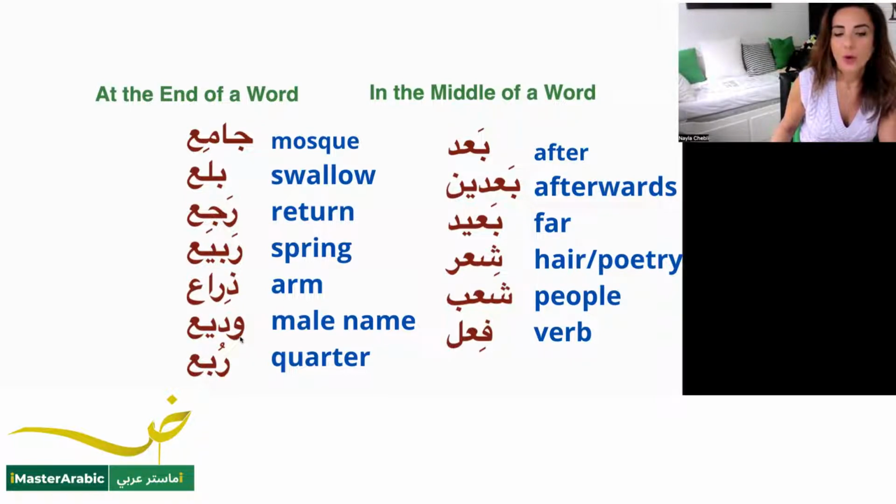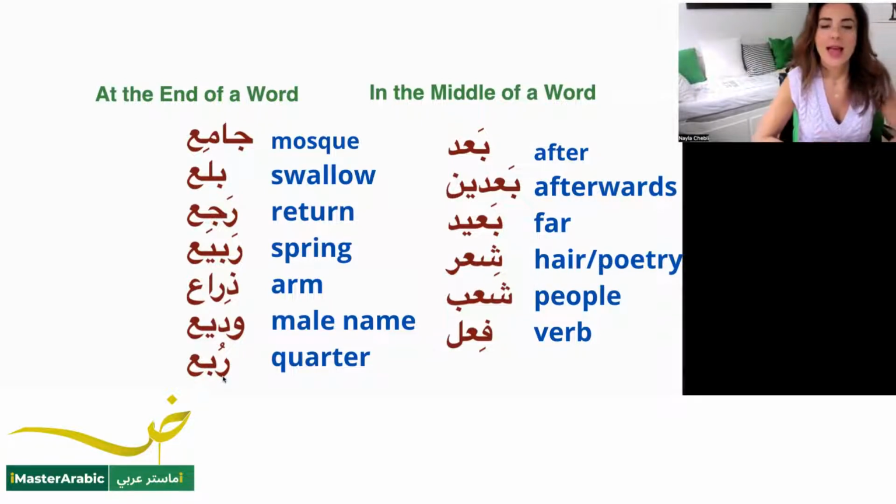Next one. وديع. وديع is a man's name. And the last one is ربع, which means a quarter. ربع ساعة is a quarter of an hour. ربع. Again. ربع.